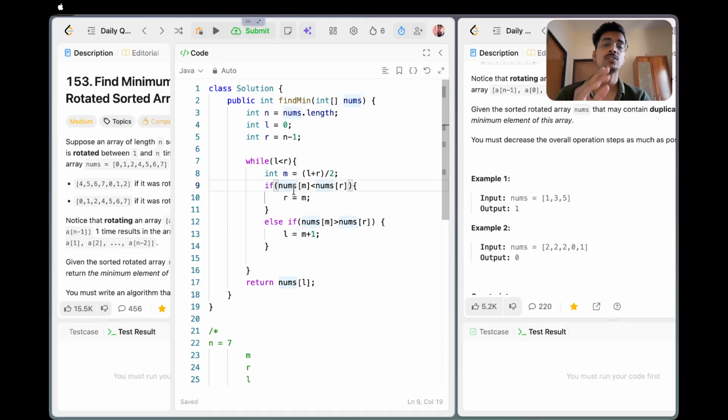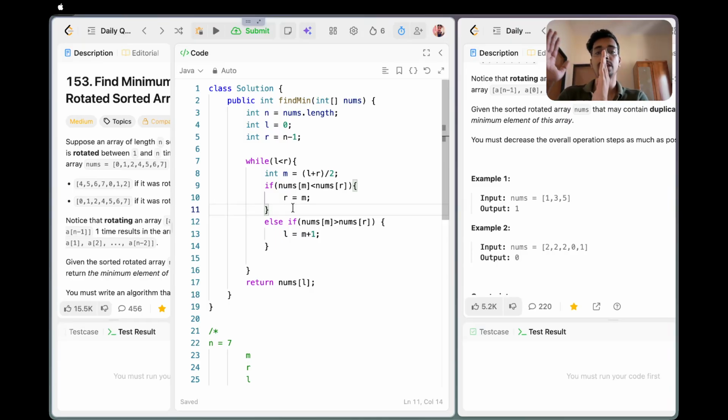And then the condition is: if the value at mid is less than the value at right, that means this particular range is sorted and doesn't have the inflection point. The graph will go like this, dip, and then go up again, so I'm looking for the dip point.